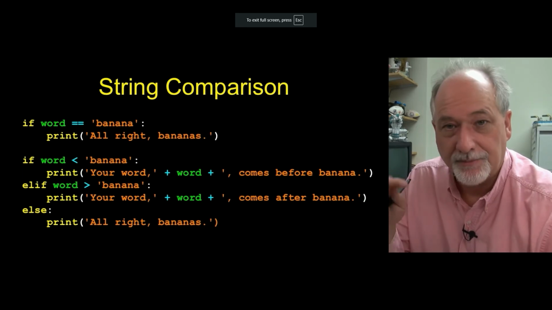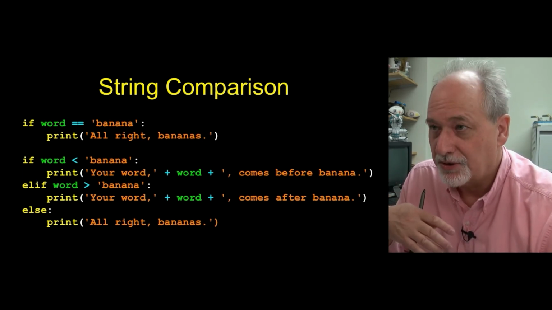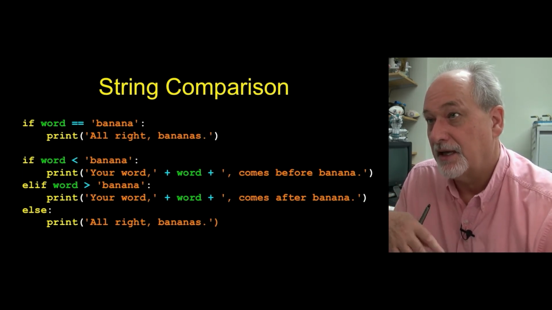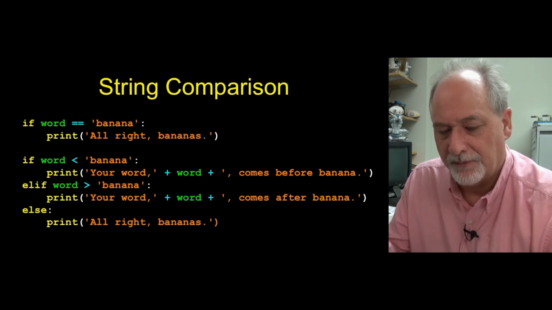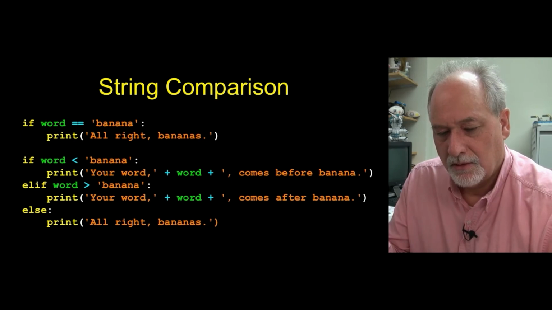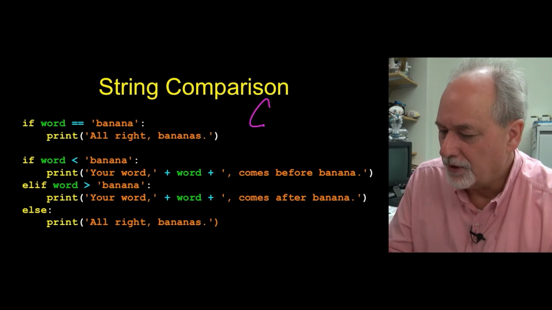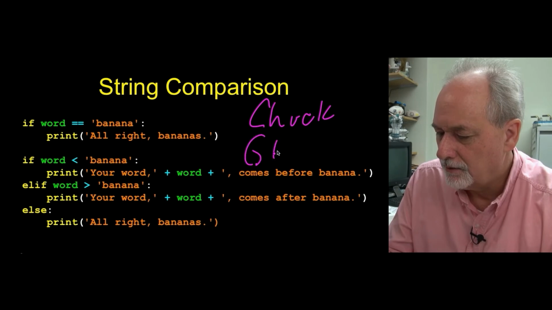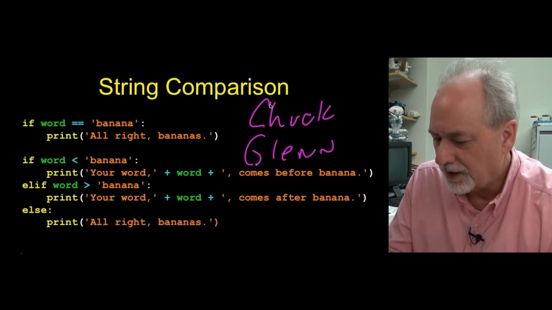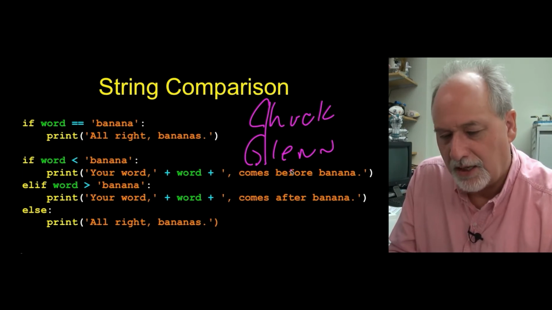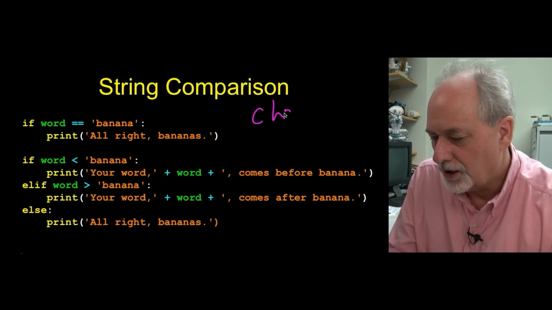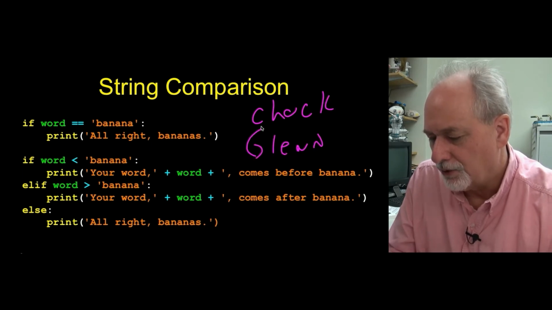Something you just play with and figure out. If you're sorting by first name and last name, it works as long as the case is kind of the same. If you were sorting Chuck with an uppercase and Glenn, the uppercases would sort right and the lowercases would sort right. But if you had lowercase Chuck and uppercase Glenn, that would sort weird. As a matter of fact, the G would come before that.